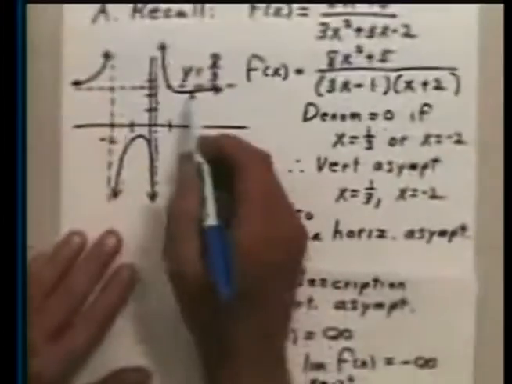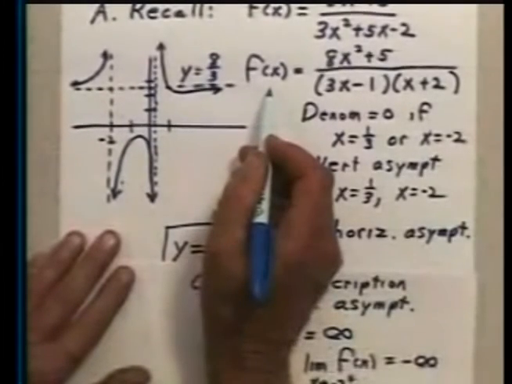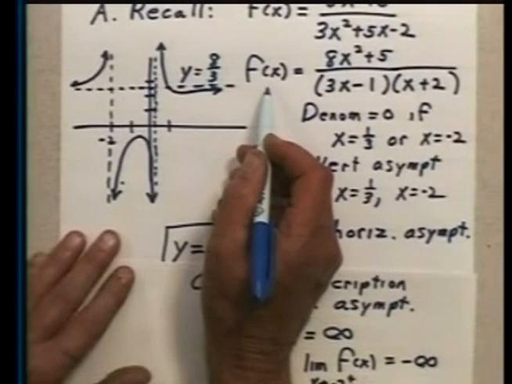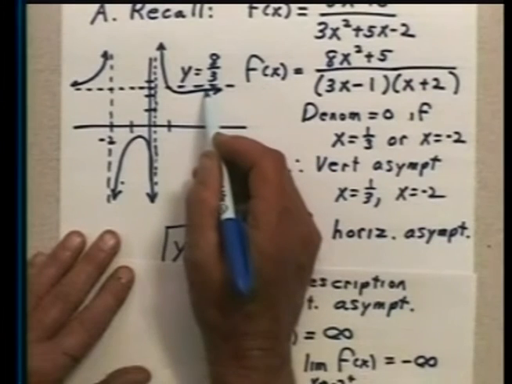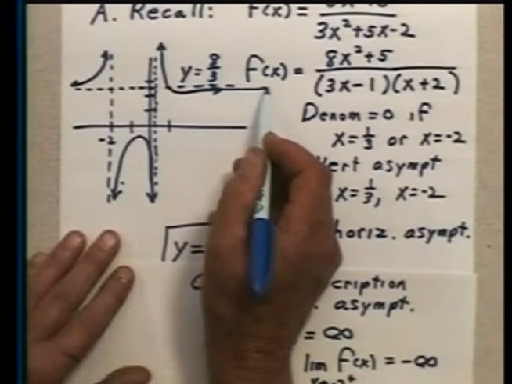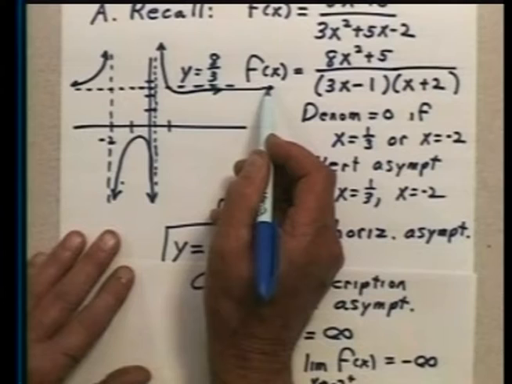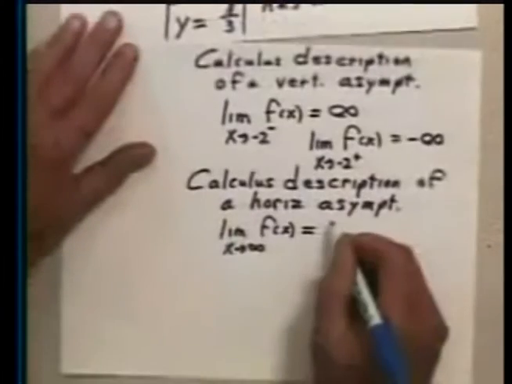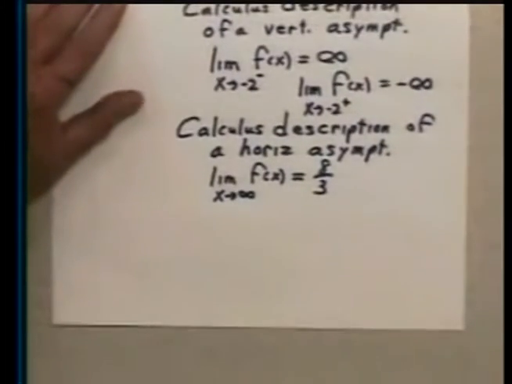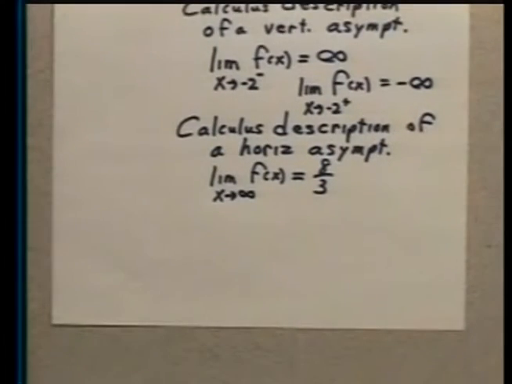As the graph moves further and further to the right, where's it headed towards? It's getting closer and closer to what? 8/3, isn't it? That would be a way to describe the horizontal asymptote in this example.